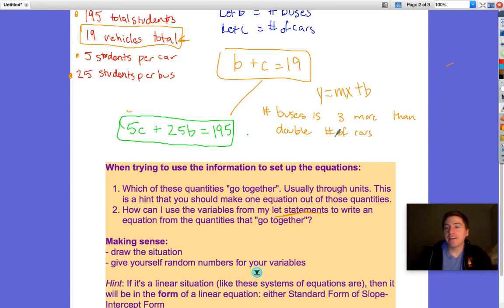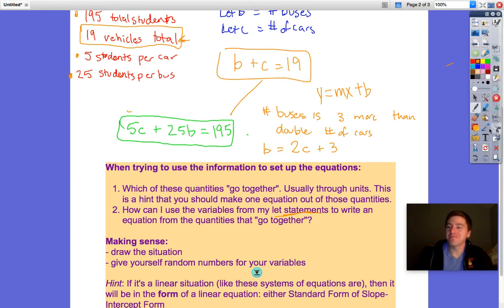So that's going to end up being in slope-intercept form. Double the amount of cars and then 3 more, that's what buses is. So there it is: y equals mx plus b. It's a line, because these are linear equations.